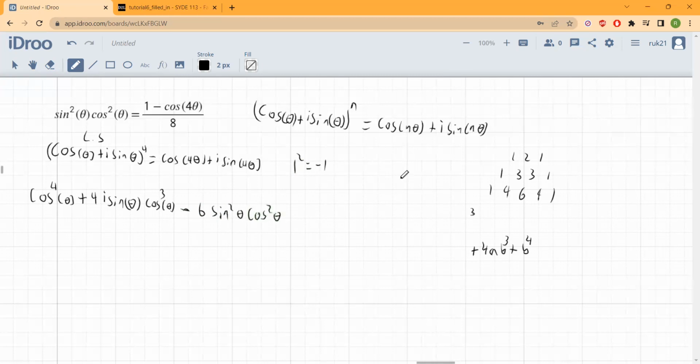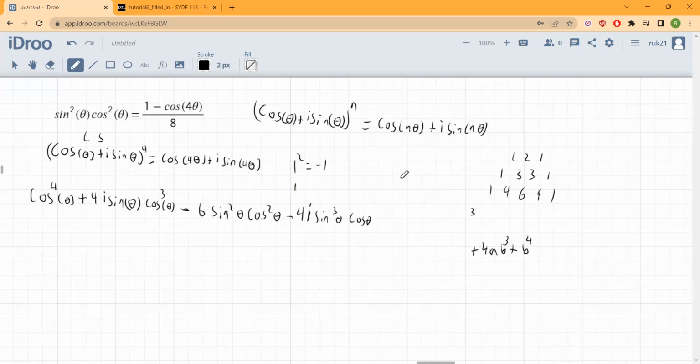Then the next is i cubed, which is also a minus, so it's going to be minus 4i sine cubed theta cosine theta. And finally, we end it off with just sine to the power of 4.